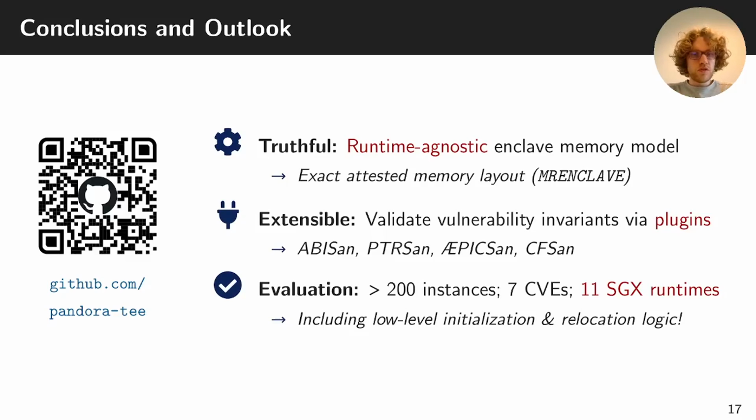We support the notion of pluggable vulnerability detection, where we implemented 4 different plugins. And in our evaluation on the SGX ecosystem, we looked at more than 11 runtimes and found a large amount of vulnerabilities, including in low-level initialization and relocation logic that has been ignored in prior studies.